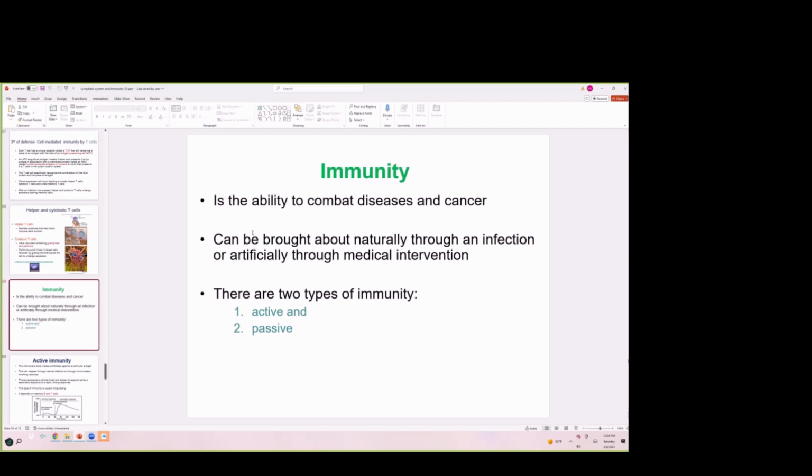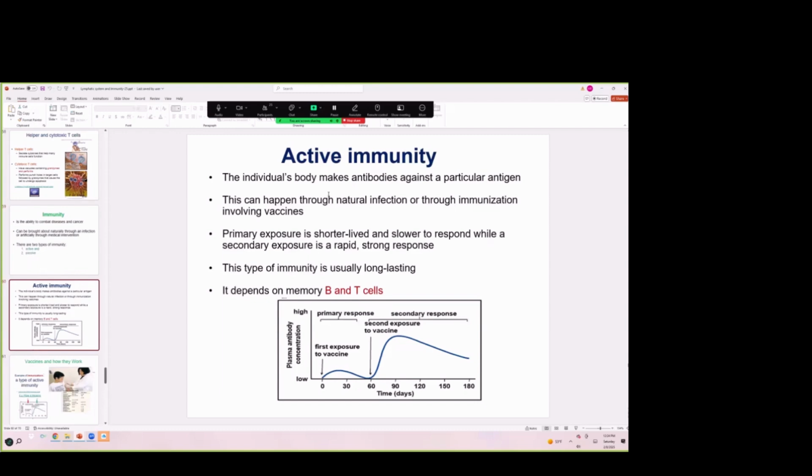So you hear about active and passive immunity. We said active immunity is when an individual's body makes antibodies against a particular antigen. It can happen through natural infection or through immunization, which is the part I was talking about, you being given a COVID vaccine. There are certain conditions where you get infected by a particular pathogen and your immune system is strong enough, you got well from it, but those memory cells stay behind.